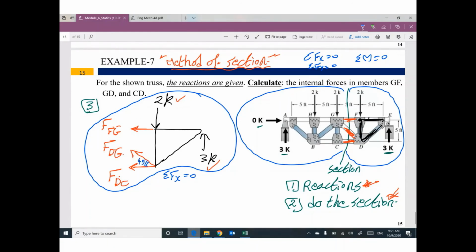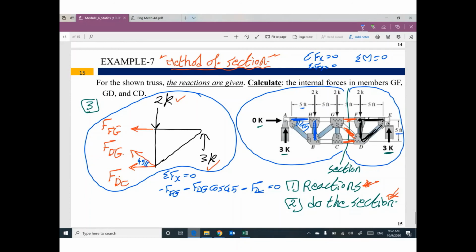Anyway, summation Fx equals 0: we have negative FFG, negative FDG cosine 45, and negative FDC equals 0. 3 unknowns. I cannot do anything.